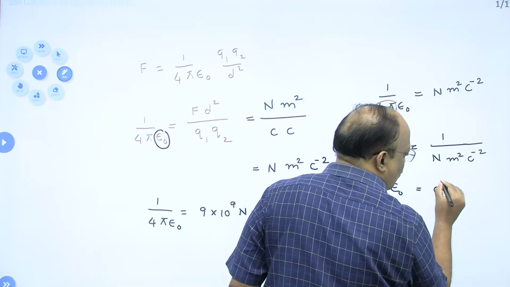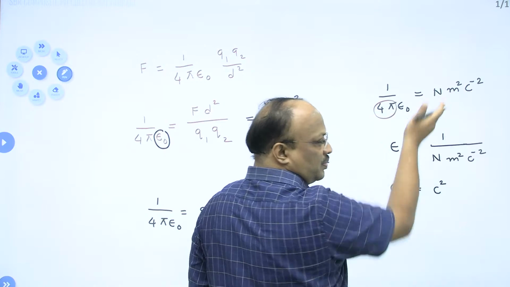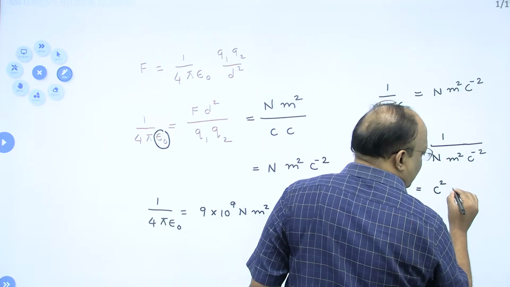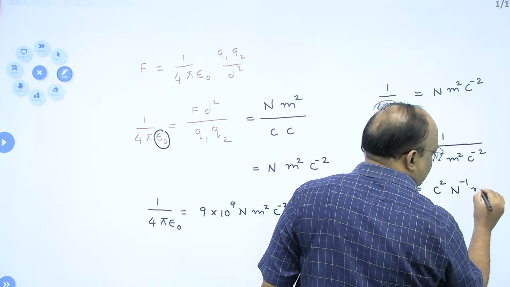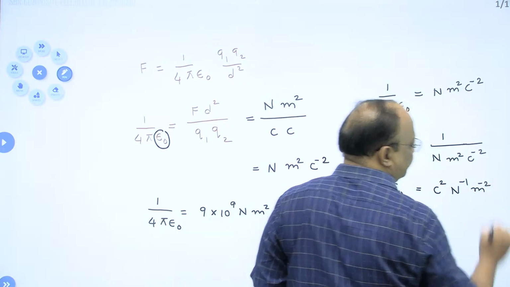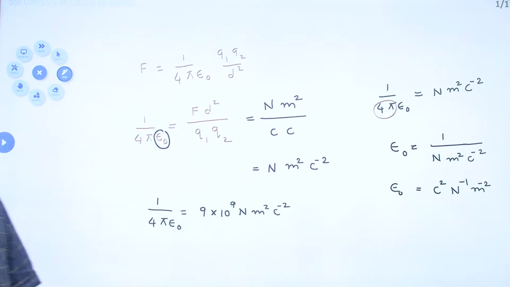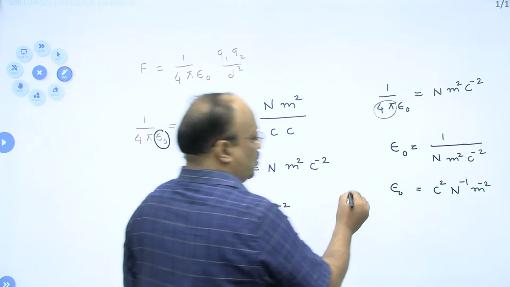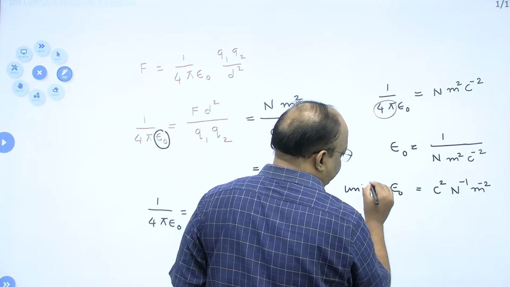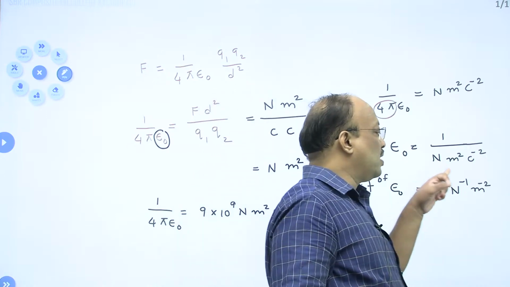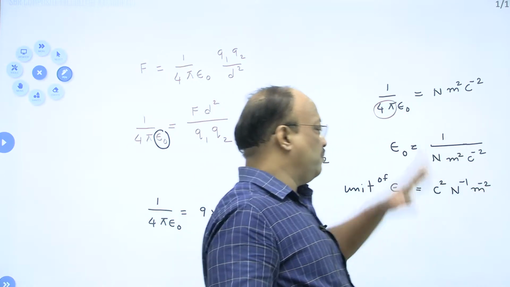What is it? It is Coulomb square. When it goes up, Coulomb becomes Coulomb square per Newton per meter square. This is the unit of epsilon naught: Coulomb square per Newton per meter square.